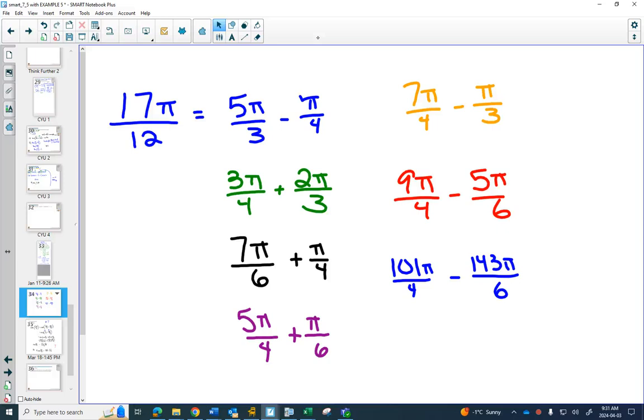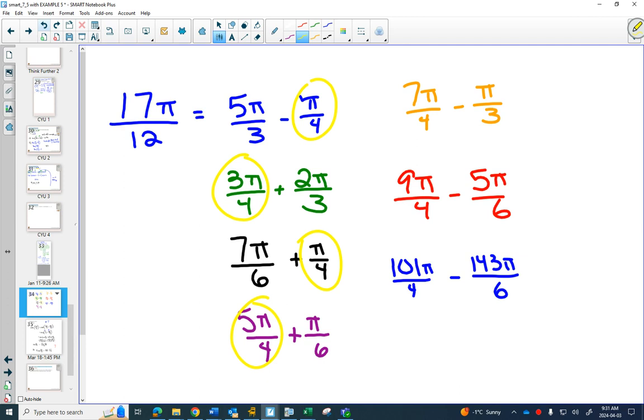And what do we say? They all have the pi over 4 in them. There's the pi over 4, there's the pi over 4 in that one, there's a pi over 4 in this one, a huge pi over 4 in that one. Okay?